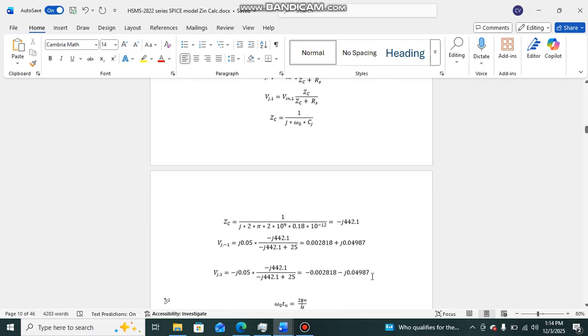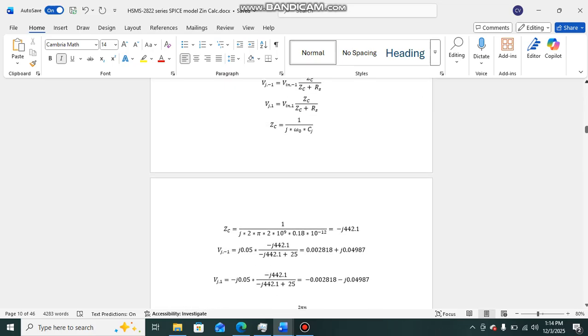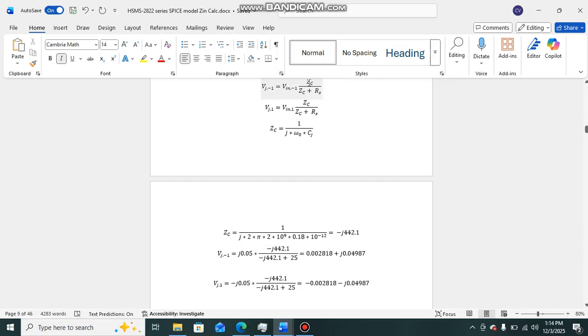So if we plug that into our voltage division equation, it would be 442.1 divided by 442.1 plus 25, and multiply that by j 0.05, which is our frequency domain voltage, our fundamental harmonic that we found.